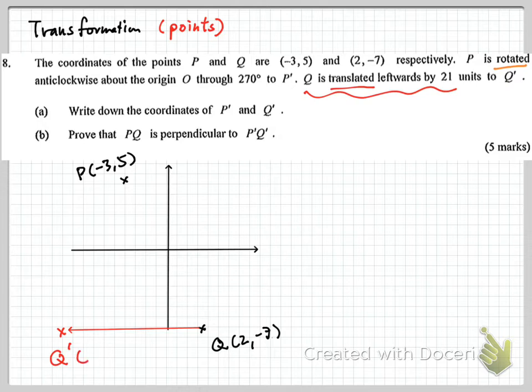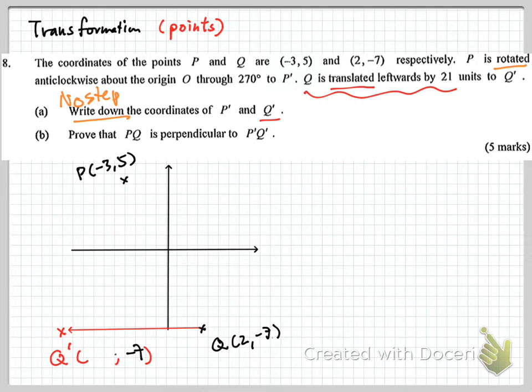So what is the coordinate of Q prime? We need to write down the coordinates of Q prime and P prime. Now to write down, you don't need steps, alright? Write down, no steps. You just state the answer. So let's move 21 units to the left-hand side. The x coordinate should subtract 21 while keeping the same y coordinate.